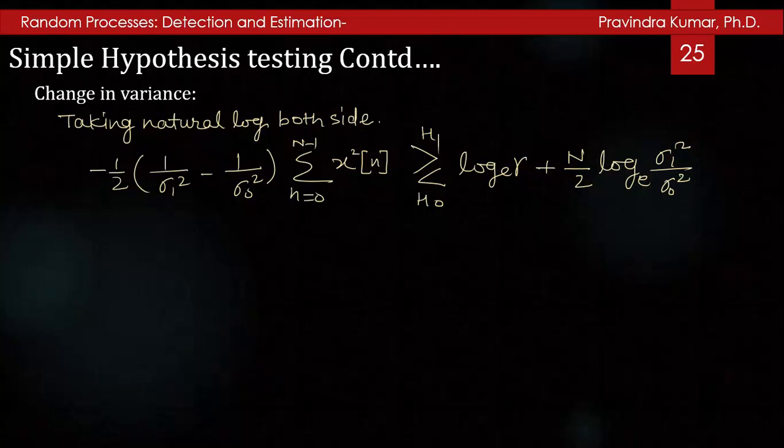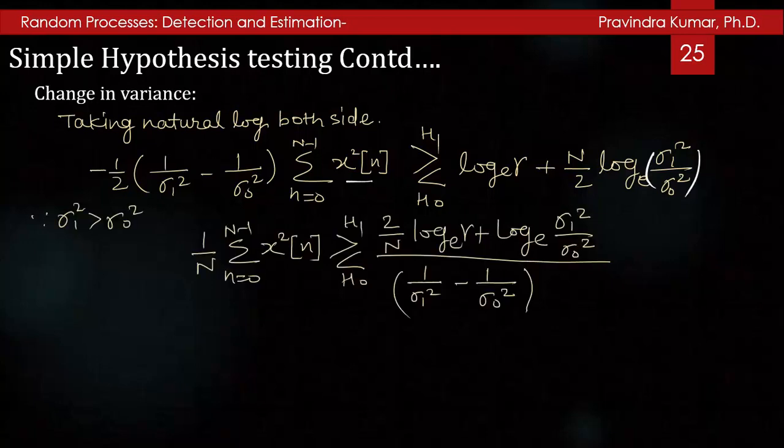(1 by sigma 1 square minus 1 by sigma naught square) summation n 0 to N minus 1 x square[n], greater than or less than log e gamma plus N by 2 log e (sigma 1 square by sigma naught square). And you know sigma 1 square is greater than sigma naught square.